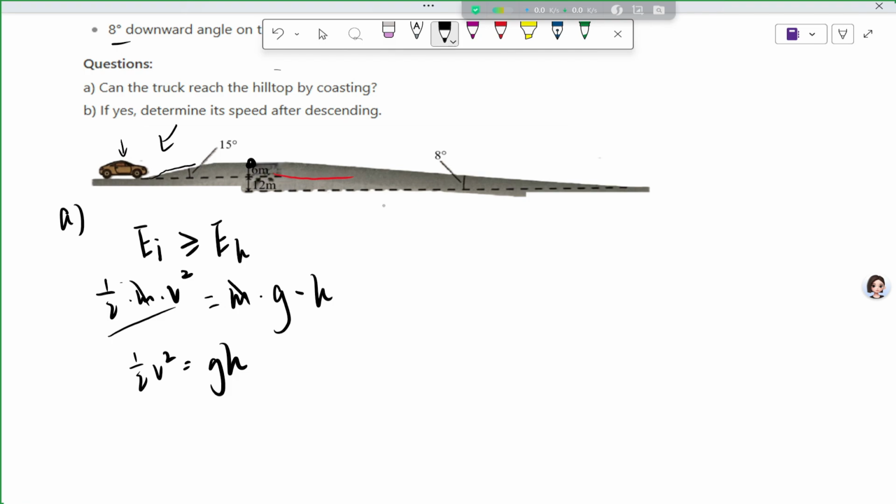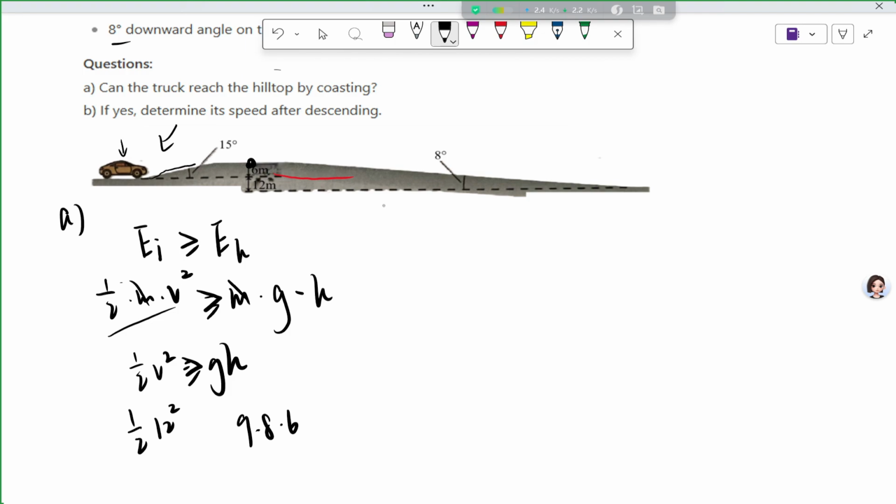So let's plug the numbers in. Half times velocity squared. Wait, hold on. I made a mistake. This one is supposed to be greater than or equal to. This one is also greater than or equal to. Half times velocity squared, 12 squared, is it bigger than or equal to 9.8 times 6?